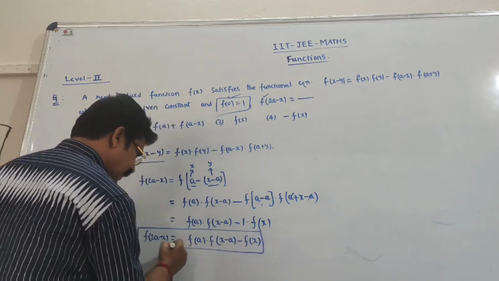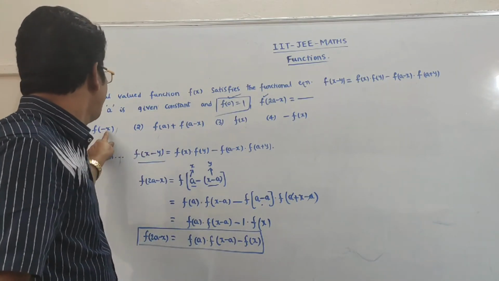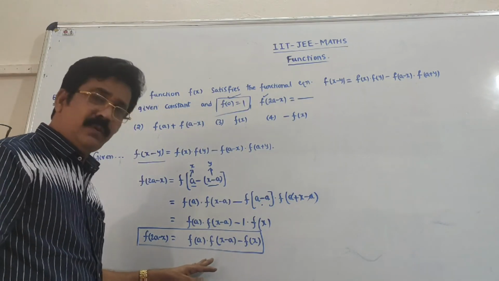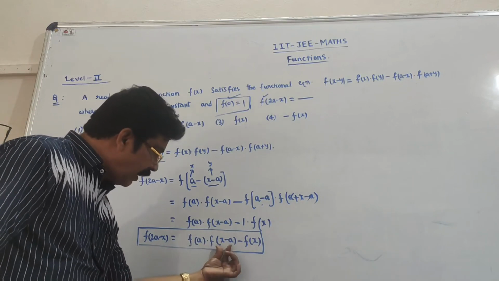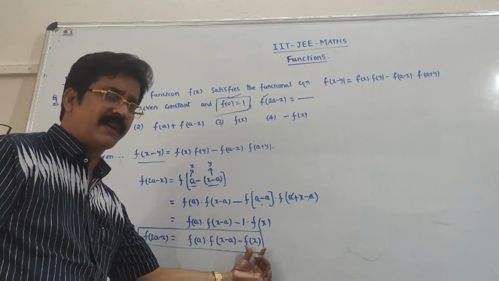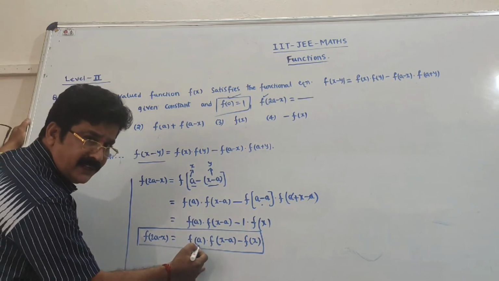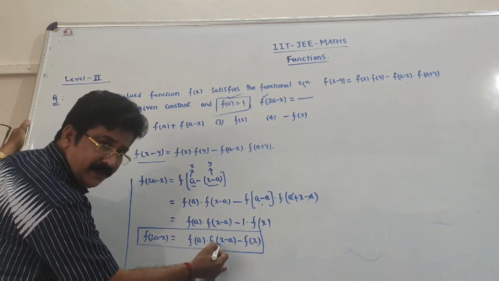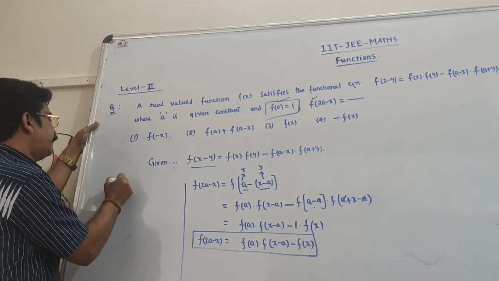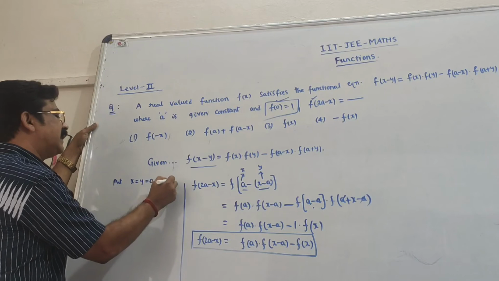Okay, put it in the box. Next, the answer is needed in terms of x, or a minus x is there. That's why we are trying to find either f of a value or f of x minus a value or f of x value. We cannot find f of x value here, so I am trying to find either f of a value or f of x minus a value, for which in the given condition put x equal to y equal to 0.